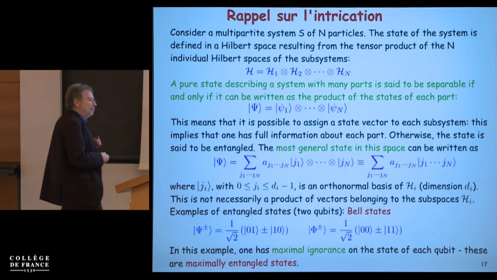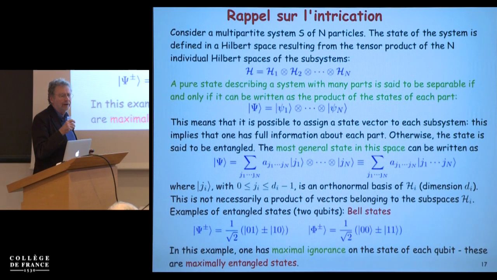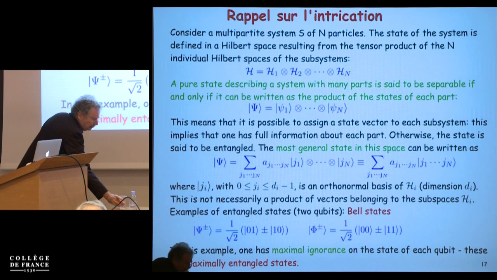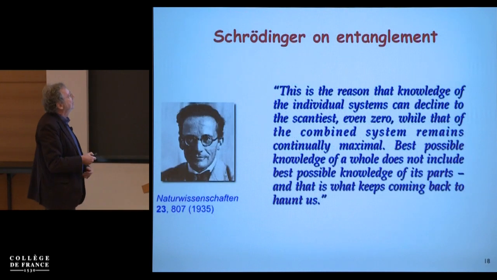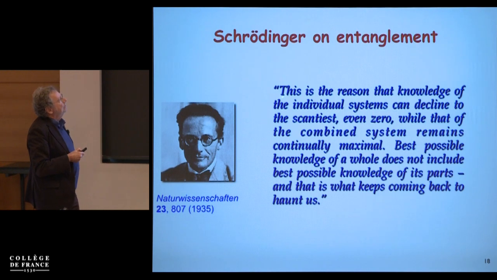This measure is associated to an old remark by Schrödinger, which was quite modern, actually. In his paper about entanglement, he wrote that this is the reason that knowledge of the individual systems can decline to the scantiest, even 0, while that of the combined system remains continually maximal.